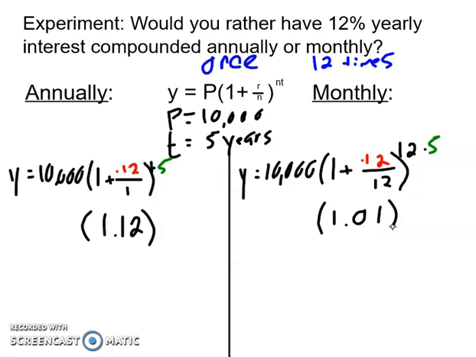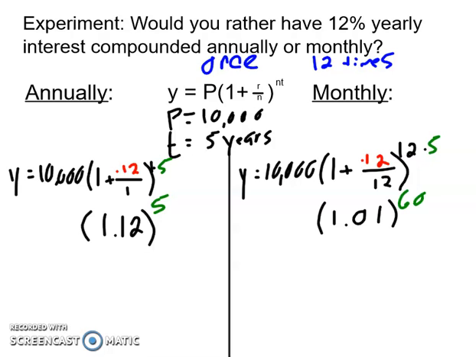So we have a smaller value inside our parentheses here in the monthly side. But if you notice, the exponent in annually is going to be smaller than it is for the monthly, because remember, 12 times a year, so that's 12 times 5 is 60.